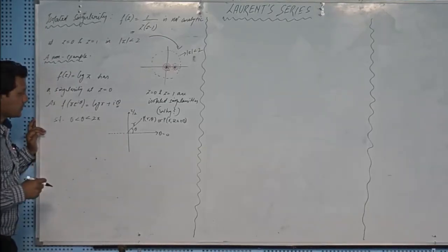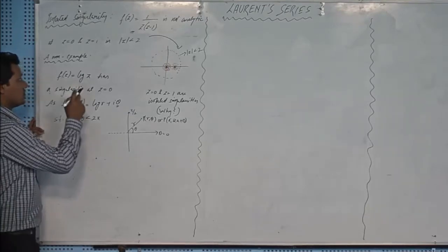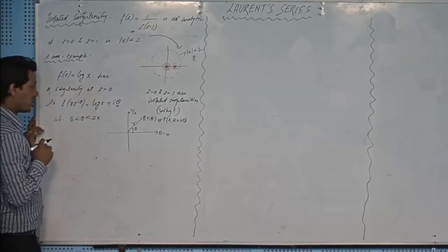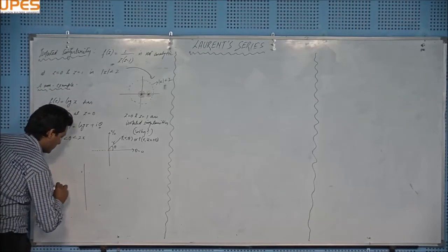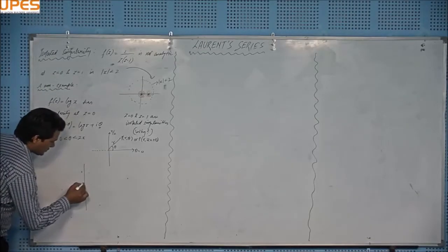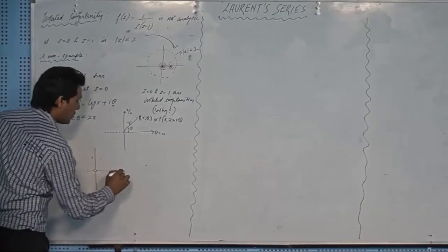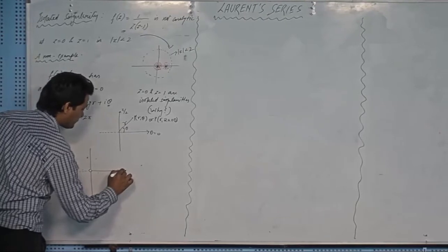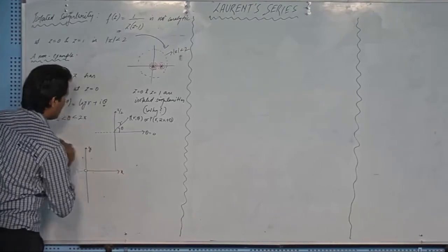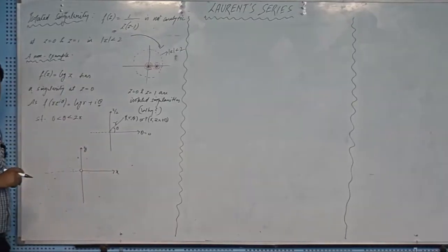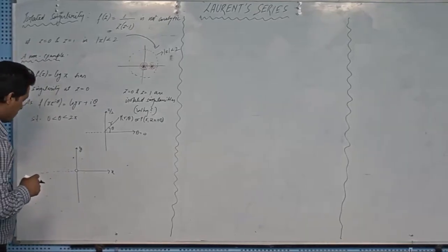Let me draw that figure for this log z, domain of log z where it is analytic, right? Okay. So the picture will look like this. Means this is deleted, this is deleted, and this axis is here, right? Now I will draw the domain of convergence of this function log z, right, with my red colored marker.